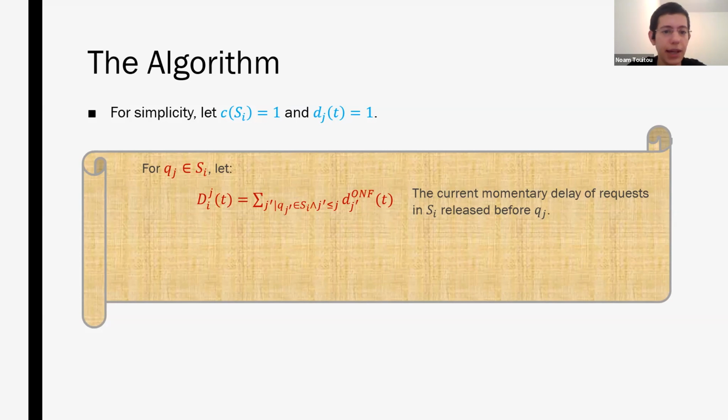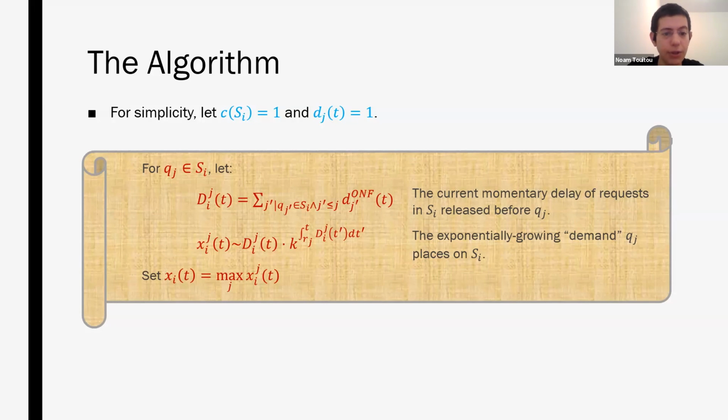Then this amount dij is plugged into an expression xij, which is an exponential function that depends on dij, and can be seen as the demand the request qj places on buying the set Si. This is the equation form of this expression.